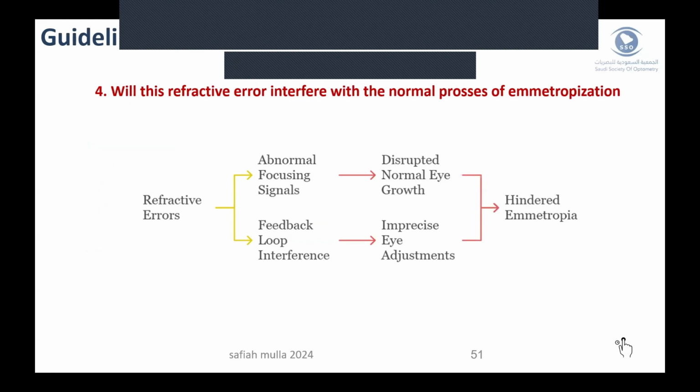So this is going to disturb the normal eye growth and then hinder emmetropization. Again, it could affect the feedback loop with accommodation, which sends signals to the brain. It's going to affect that loop and impair eye adjustment and then hinder the emmetropization process.